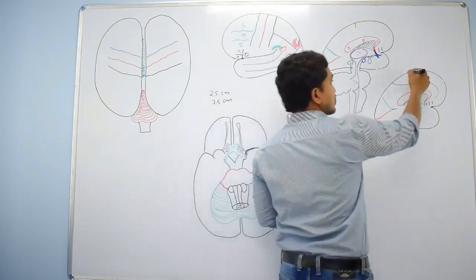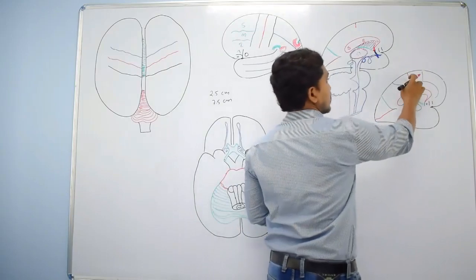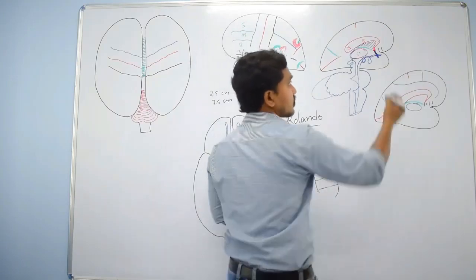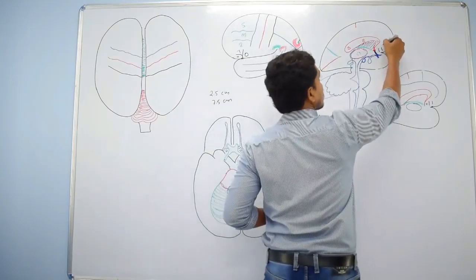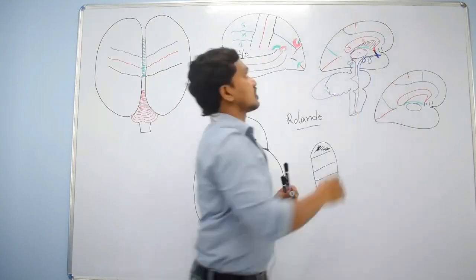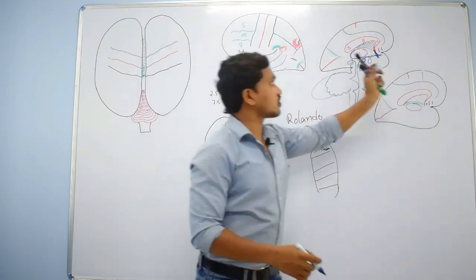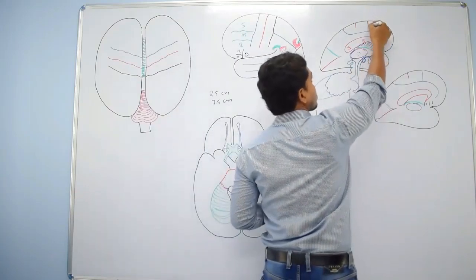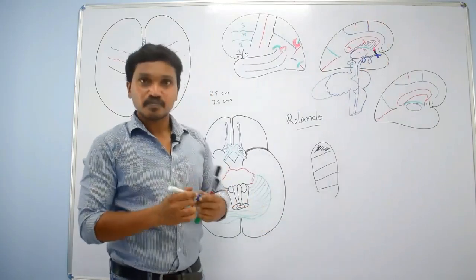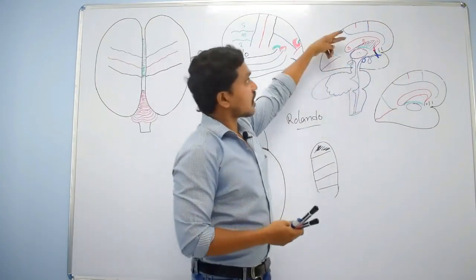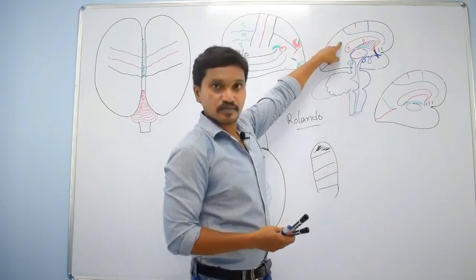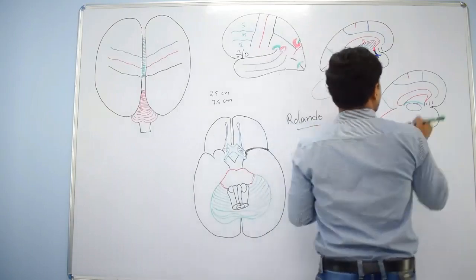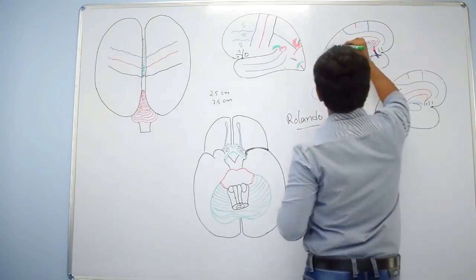And here it is already there. What is this? Central sulcus, right? So if you draw here, this is the cingulate sulcus and this is the vertical sulcus, right? Then just above the splenium, here there is a sulcus called the suprasplenial sulcus.